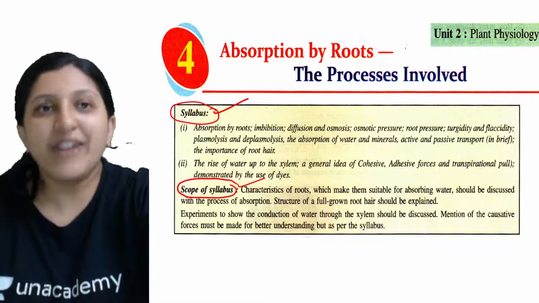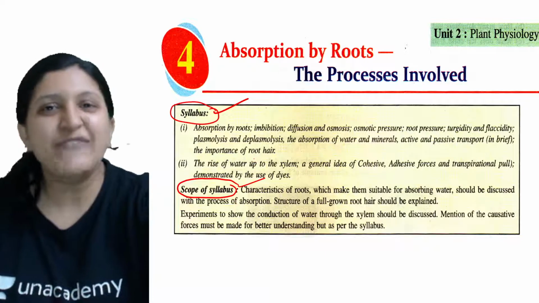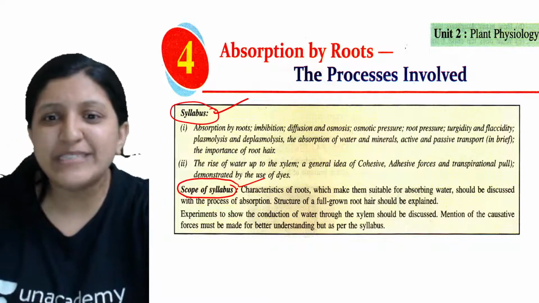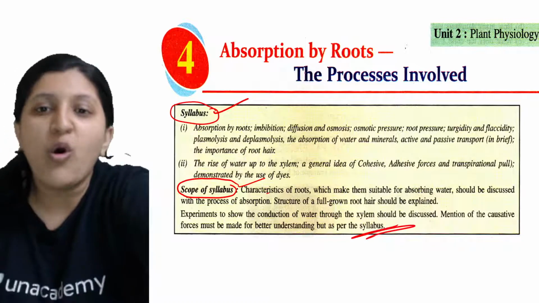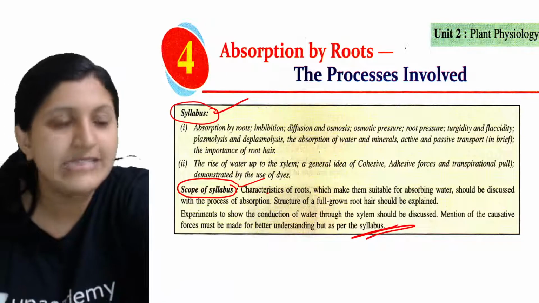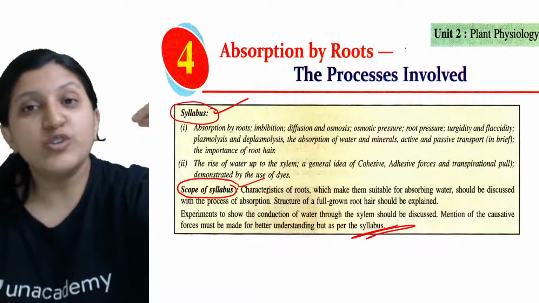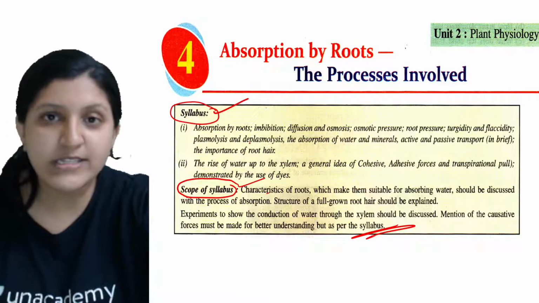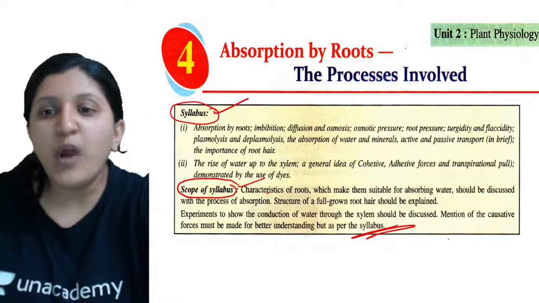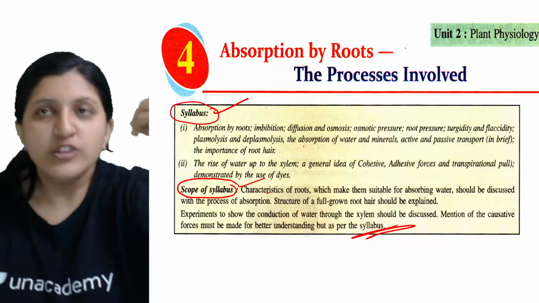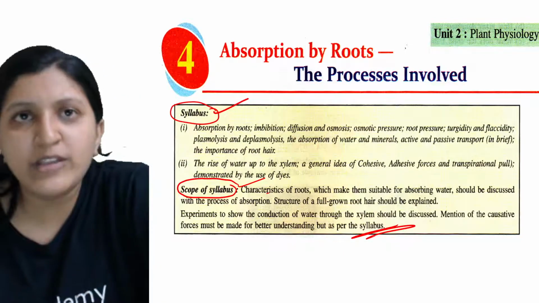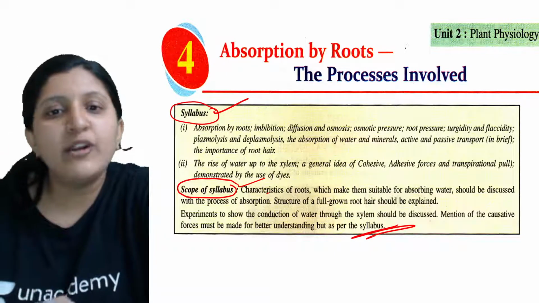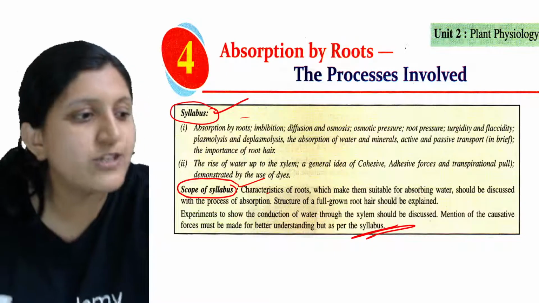Even if it does, they would give grace marks. Make sure you're perfect with everything mentioned in the syllabus and scope of syllabus. This is more than sufficient. Once you are thorough with this, you can go to the next chapter. When studying chapter-wise, make sure that you follow the syllabus as well as the scope of the syllabus.